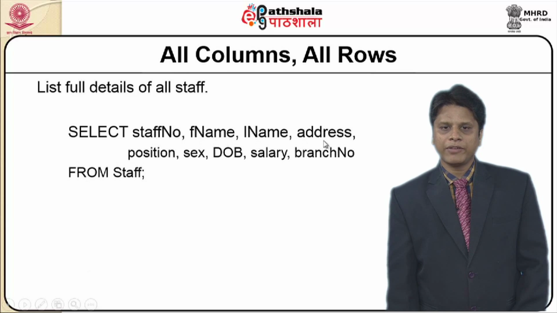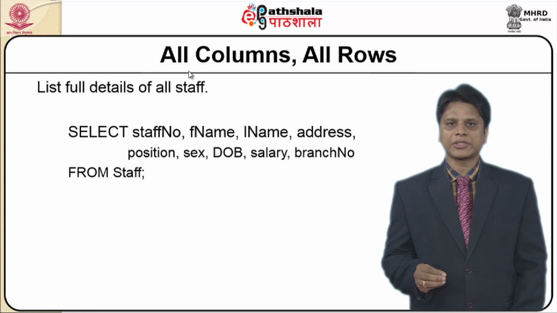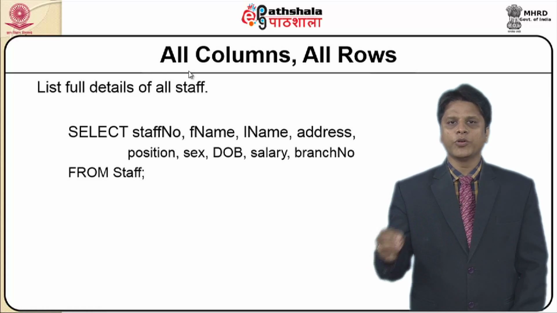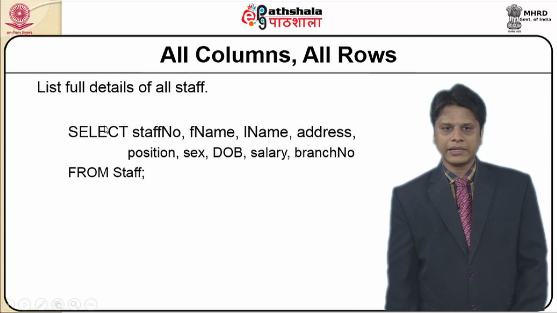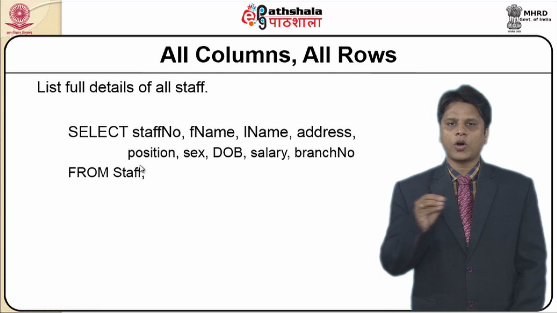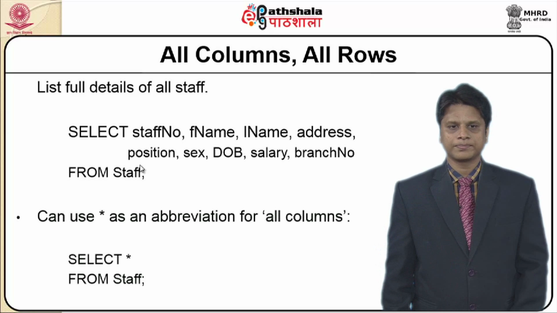So now that we have around 9 attributes to be projected as part of this query, since the query needs full details, it could be written in this format representing each and every attribute from the relation, or we can write it as SELECT * FROM Staff, which also means all columns and all rows of that table would be retrieved.